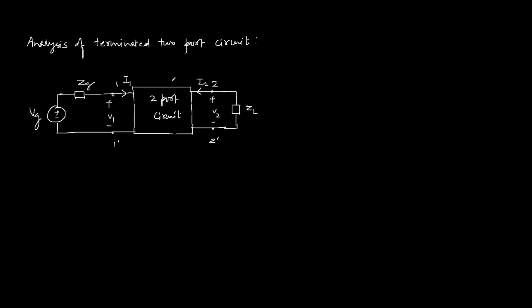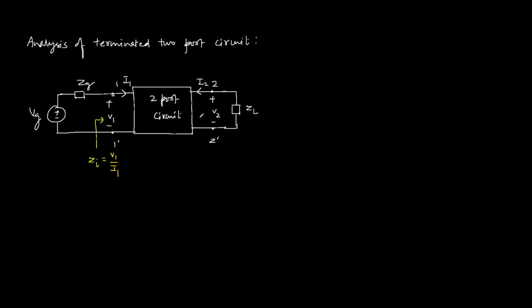Now for this terminated two-port network, we have to find out the input impedance looking from the port 1 or input port, which is Zi, or simply this Zi is V1 by I1, because when we look from the port 1 to the right of this port 1, there is no independent voltage source, so we can simply write Zi is V1 by I1.